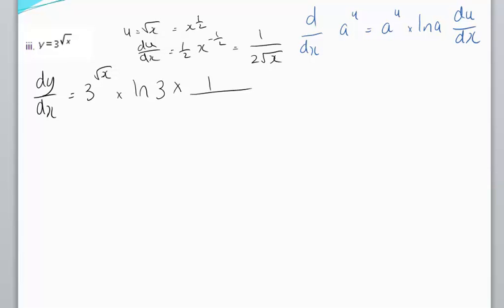So multiply it by 1 over 2 root x here. And we can put this together, 3 to the power of root x multiplied by natural logarithm of 3 over 2 root x here.